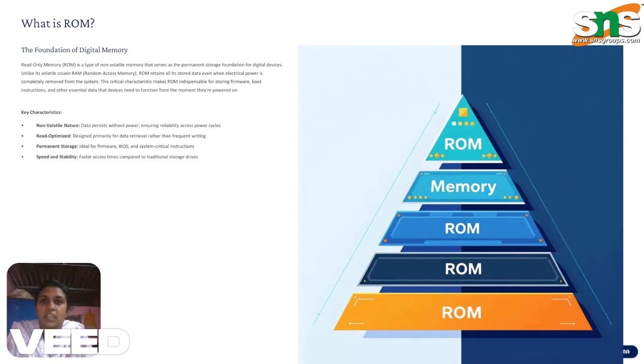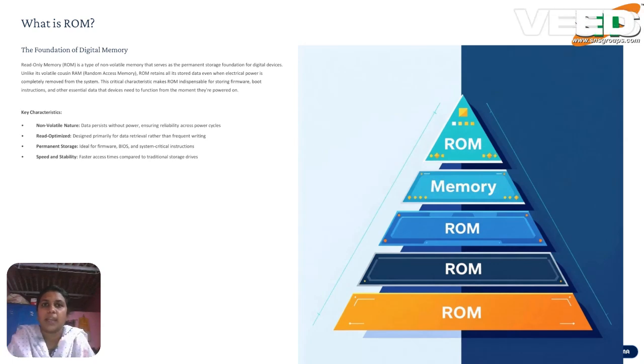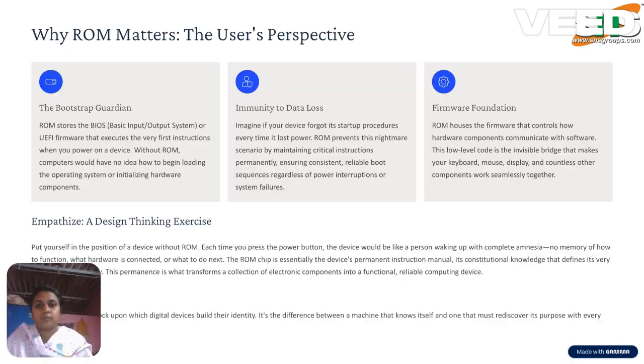The data in ROM remains intact, and the ROM contains the essential programs and instructions that a computer or electronic device needs to start up and function properly. For example, when you switch on a computer, the BIOS, the basic input and output system stored in a ROM, helps the system start to load the operating system.